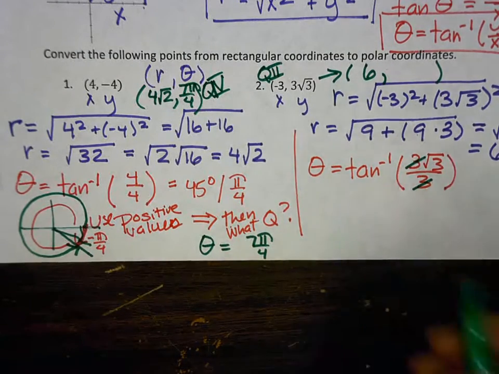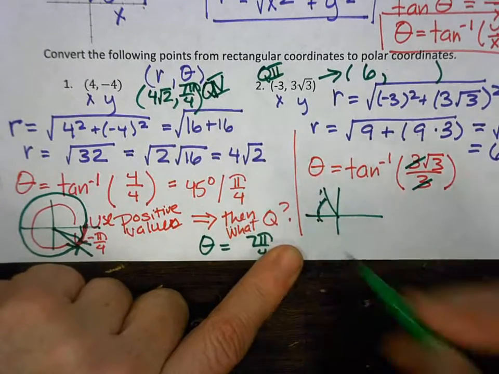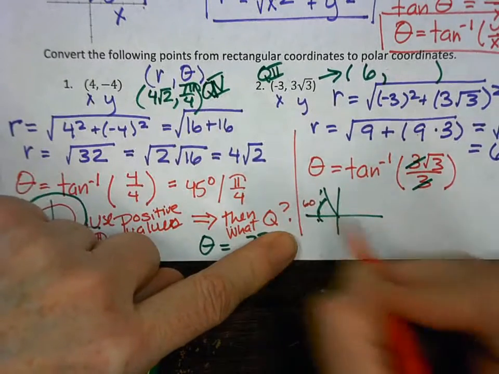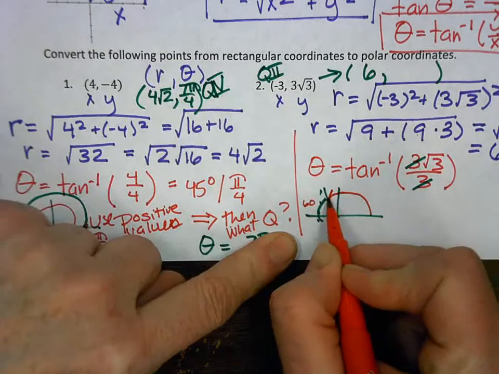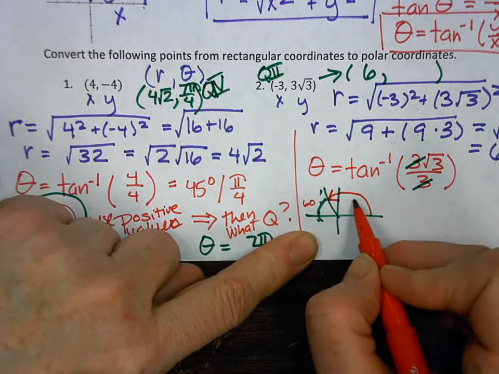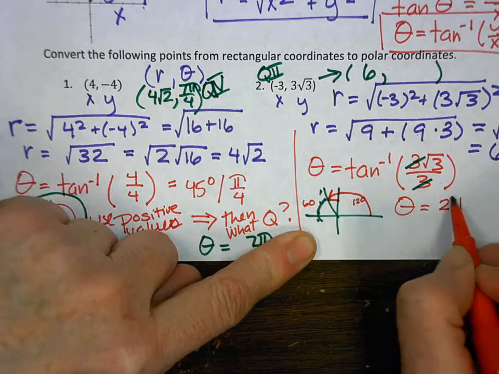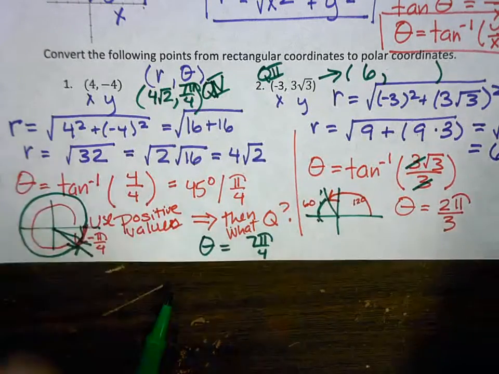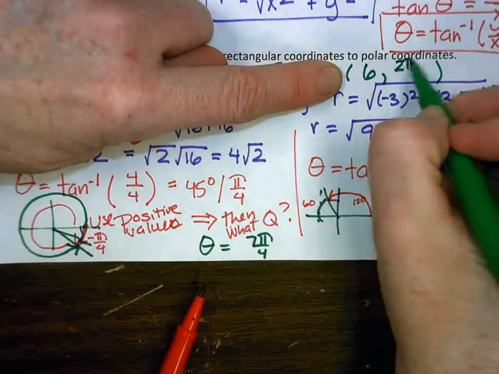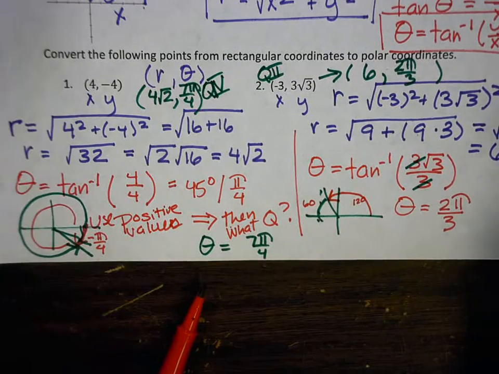So now I want the angle whose tangent is radical 3. Well, that's a 60-degree angle in the second quadrant. So if I draw that, that looks like that. If this is 60 degrees in the second quadrant, what is the positive angle? Well, that's going to be positive 120, or theta equals 2 pi over 3. So my point is r is 6, theta is 2 pi over 3.